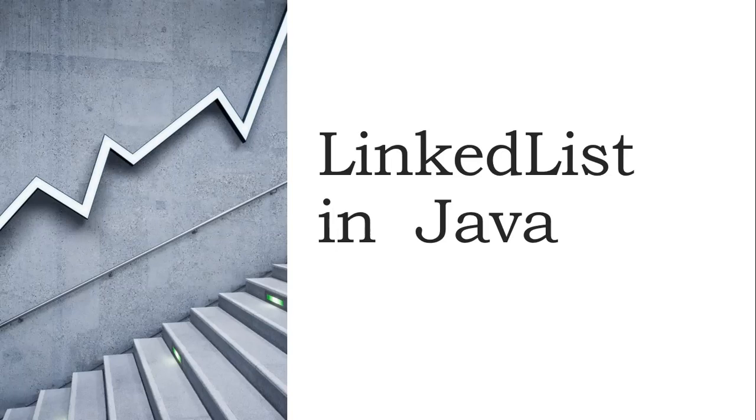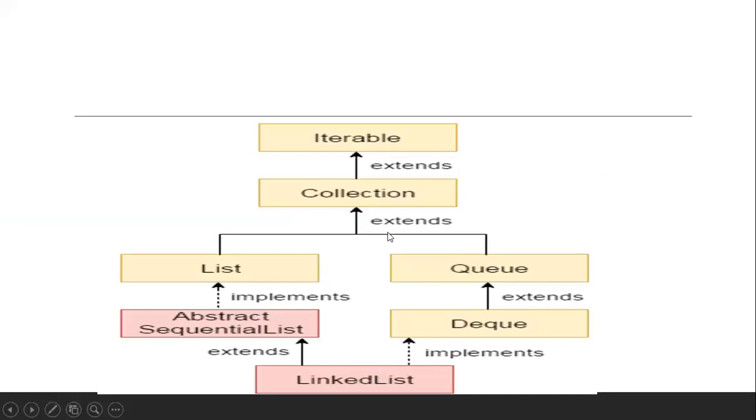So in the next slide, we will discuss how the linked list class uses a doubly linked list to store the elements. It provides a linked list data structure. It inherits AbstractSequentialList and implements List and Deque interfaces.